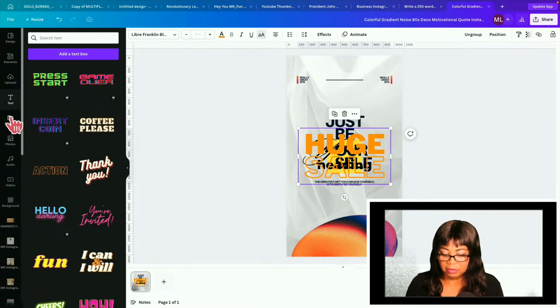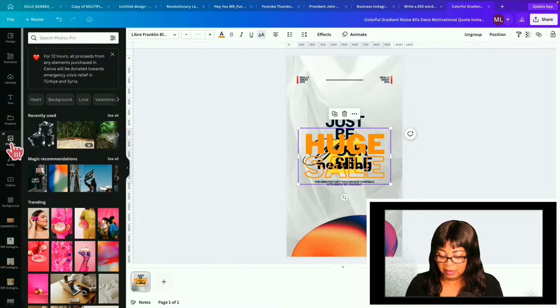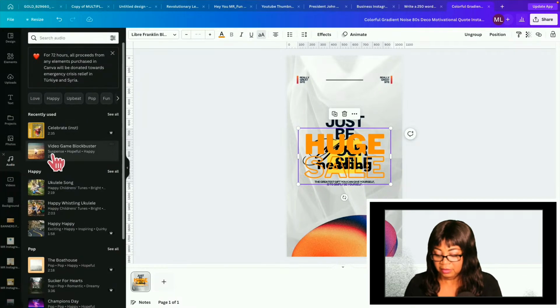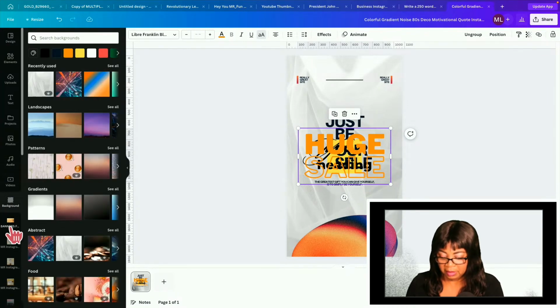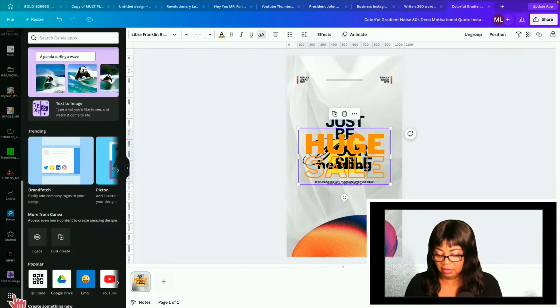And then it has all of your projects that you put in, your photos and things that you've added, or it even has audio. So you can go in here and you can try out some of these. I'm not going to play any of them because I don't want to get myself in any trouble, because I think you're supposed to download them first. But we've got the background, and it's got a lot of really nice apps, which I'm starting to discover.